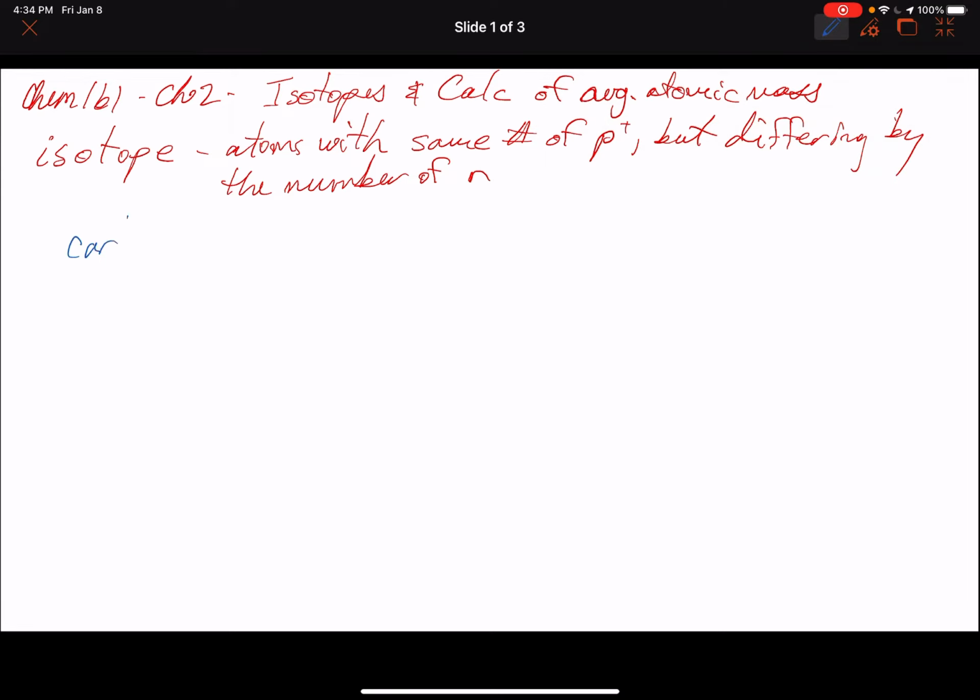Okay, so as an example, you might see carbon 12, and we'd expect that the carbon 12 with 6 protons could be elaborated, and we could list the total number of protons as being equal to 6.